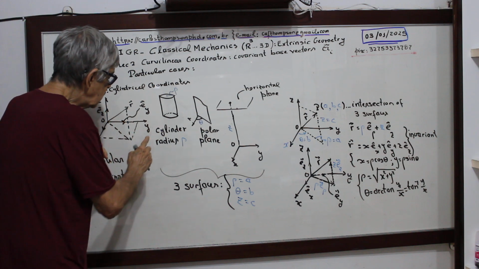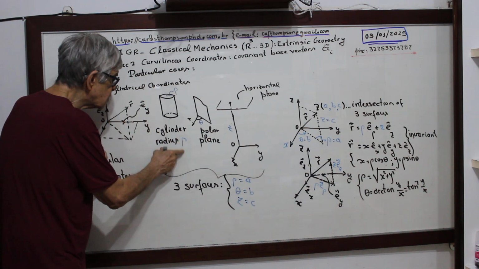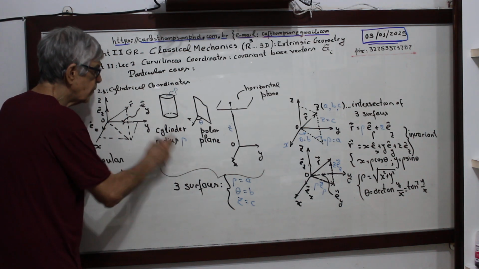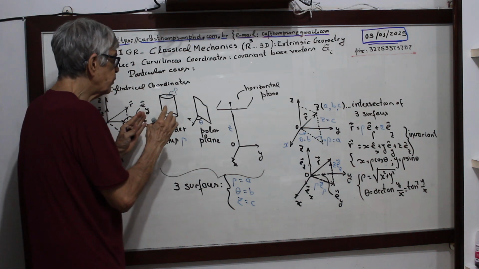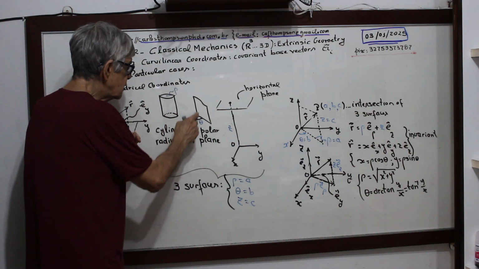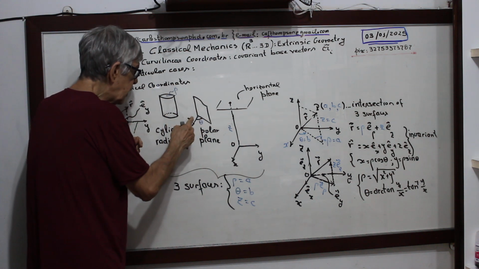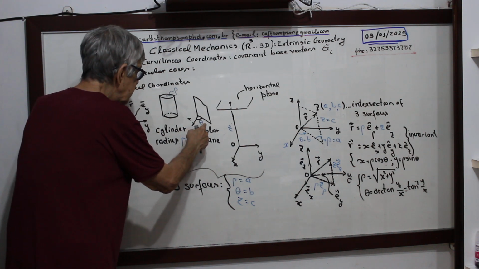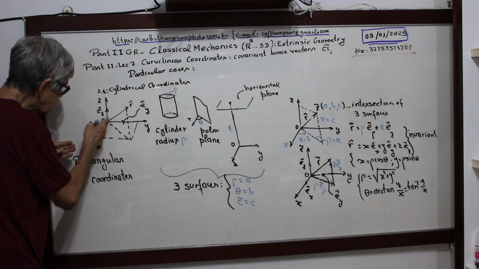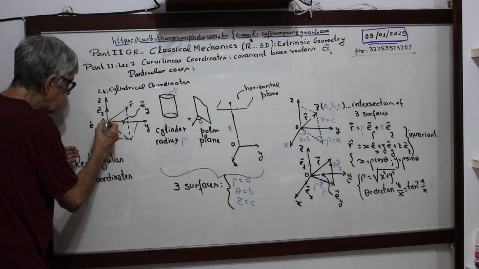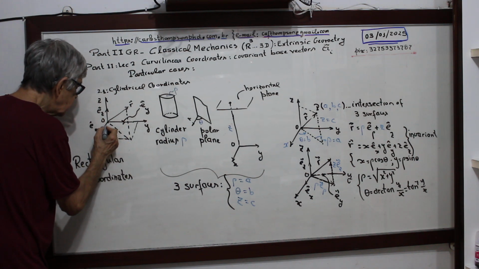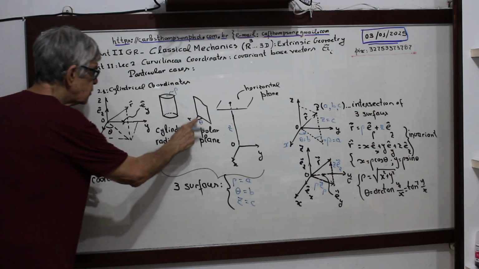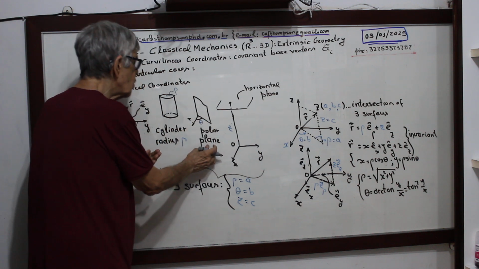The one is a cylindrical surface. This is a cylinder, radius rho. The other surface is a plane. This theta is an angle between the x-axis and the line over here. We call it a polar coordinate.